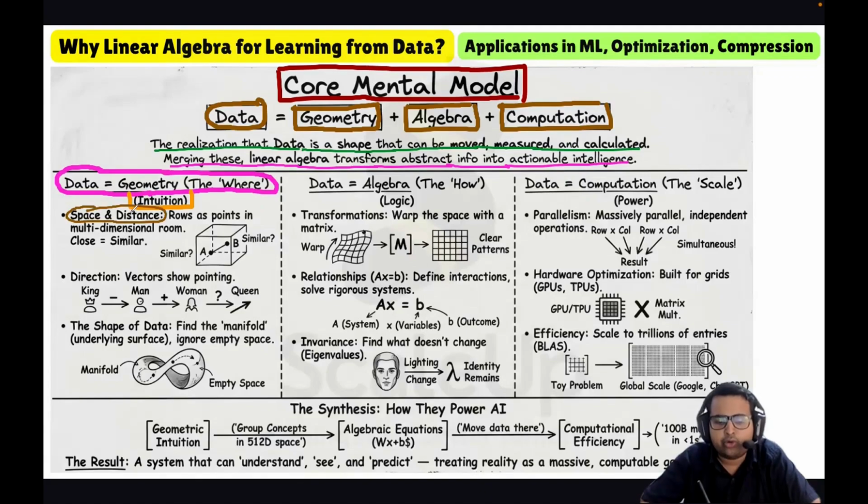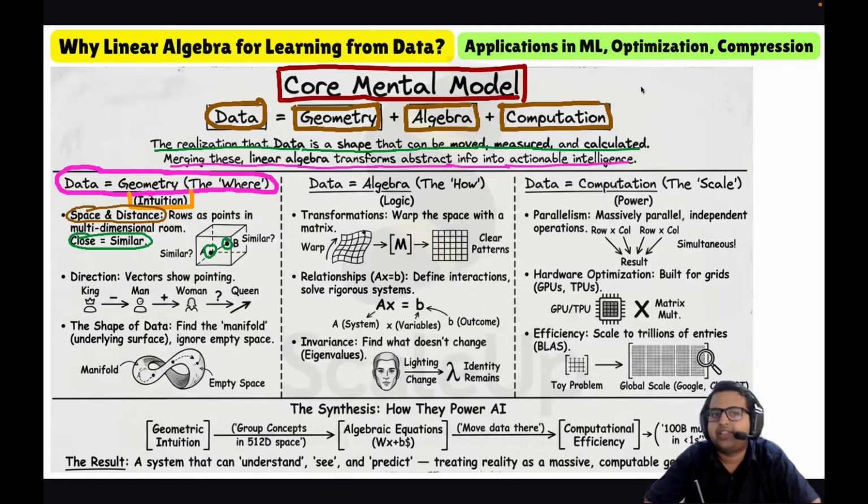Every row in a data set is a point in a multidimensional space. If two points are close together, they are similar. So closeness means similarity.